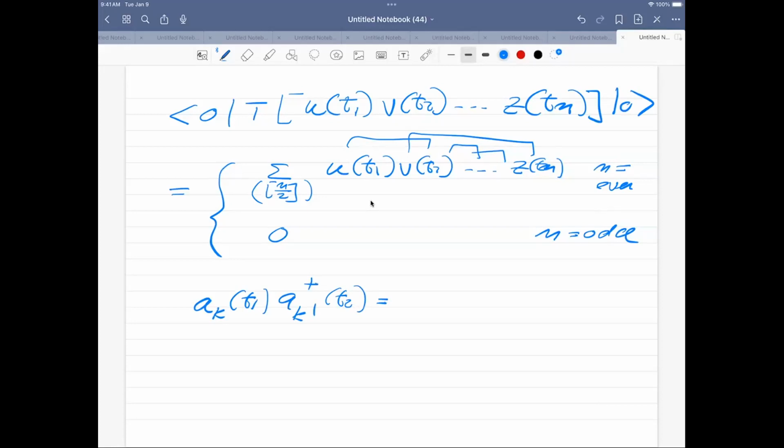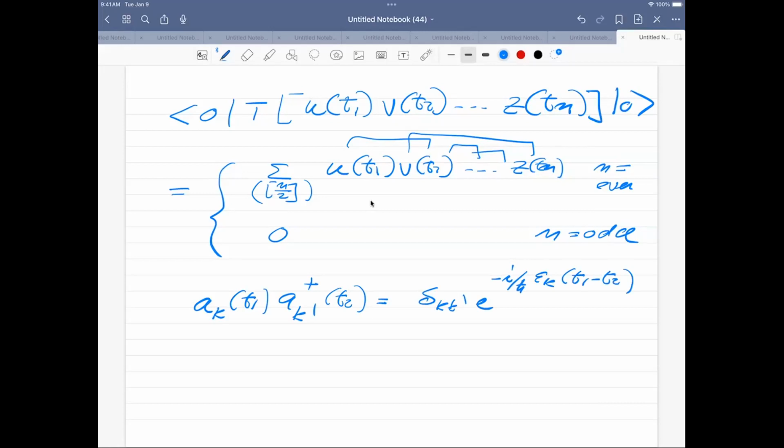So in case T1 was larger than T2, this was given by a delta K K prime, and then I have an e to the minus i divided by h bar, and then I have an epsilon K times T1 minus T2.